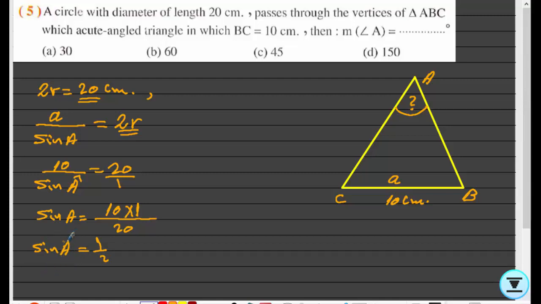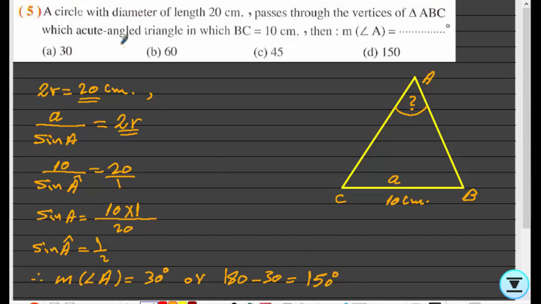When sine A equals half, so measure of angle A equals 30 degrees or 180 minus 30, which equals 150 degrees.